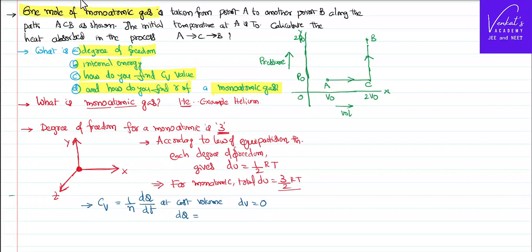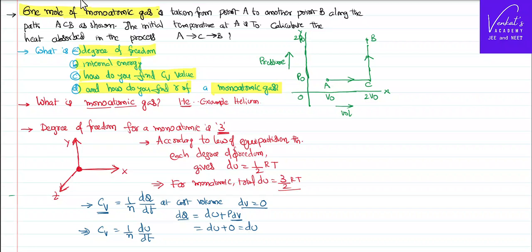But as per the first law of thermodynamics, total heat supplied is the sum of change in internal energy and external work done by it. Work done can be written like P dV, but being constant volume, dV equals 0. So dQ equals dU plus 0, that is equal to dU itself. So you can rewrite the definition of CV as 1 by n dU by dT.